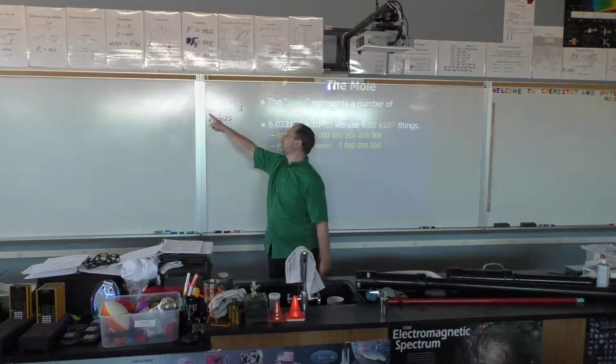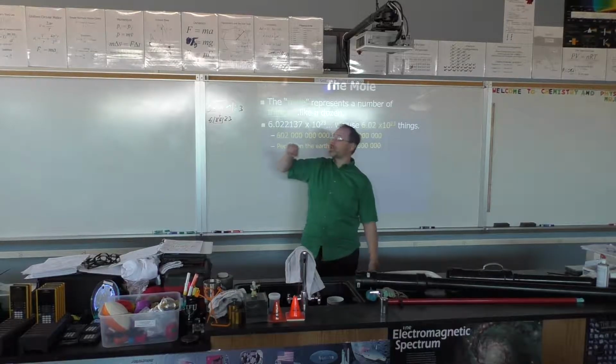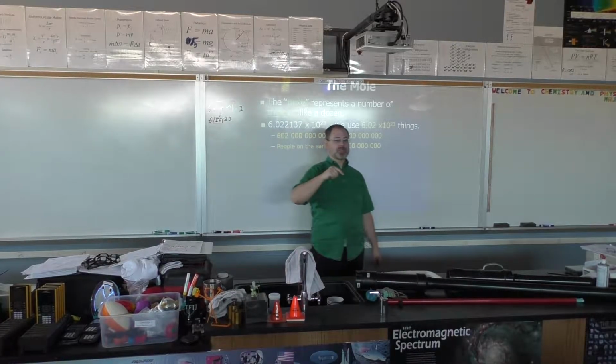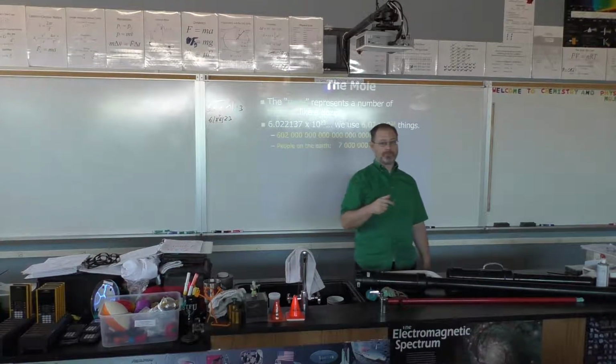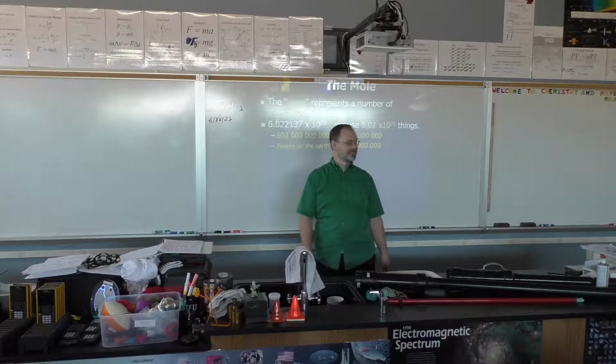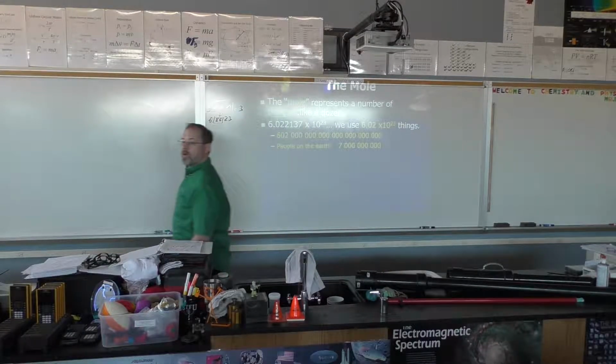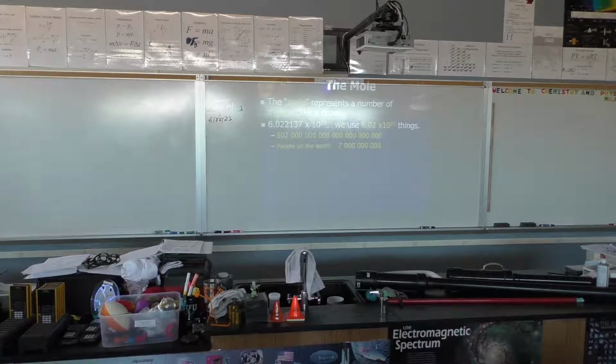A 6 multiplied by a 10 raised to a 23rd power. The calculator sees this as a function with 3 operations. It doesn't see it as a number. Now, why is that a problem? Because it doesn't give us the scientific notation. No, it'll still give you the same number. But why is it a problem that it thinks it's a function and not a number when you're actually doing math?